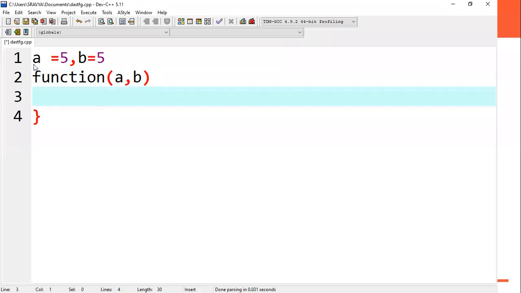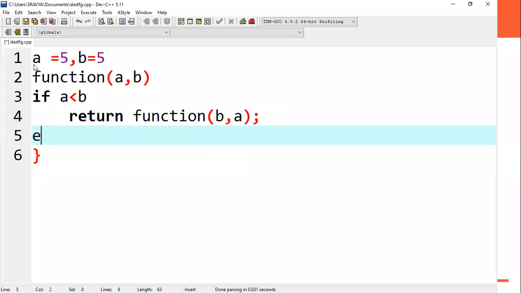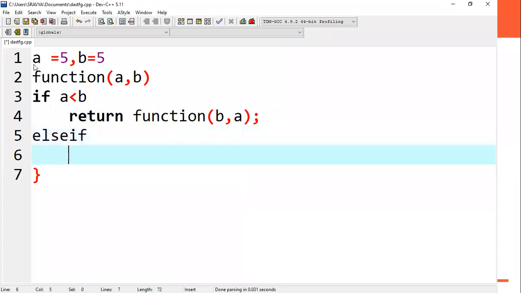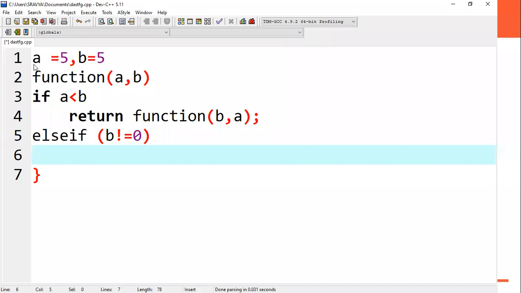Inside that I have if A less than B, return function of B comma A. Then else if B not equal to 0, return A star function of A comma B minus 1.